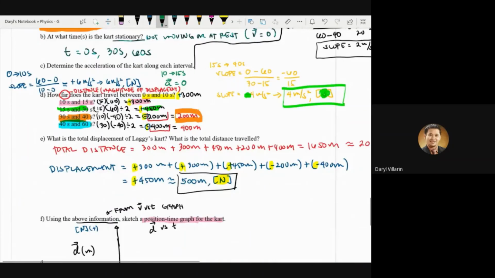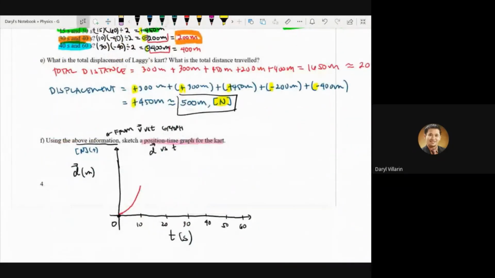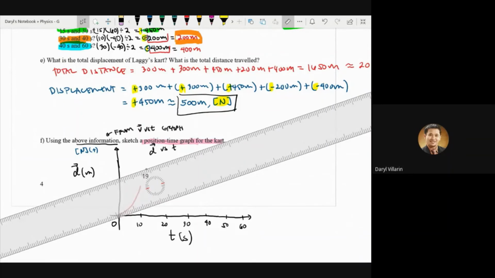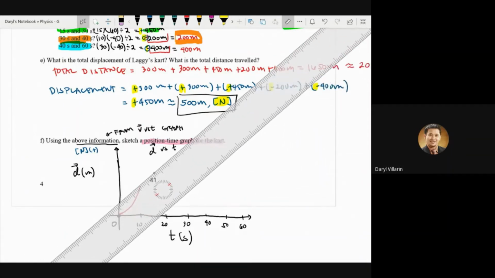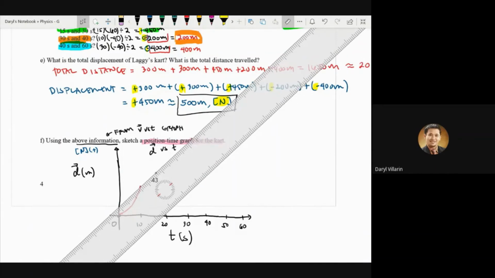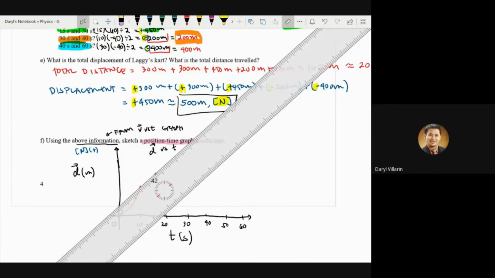So if you interpret that back to your position versus time graph, is it not that that is just a straight line graph? Because a straight line graph in your position versus time pertains to constant velocity. So that means I'm going to have a straight line until 15.